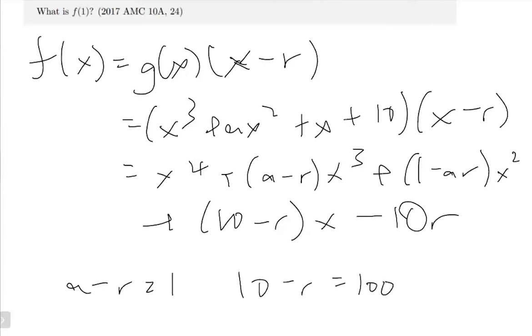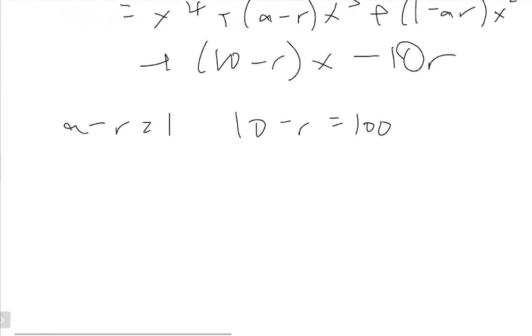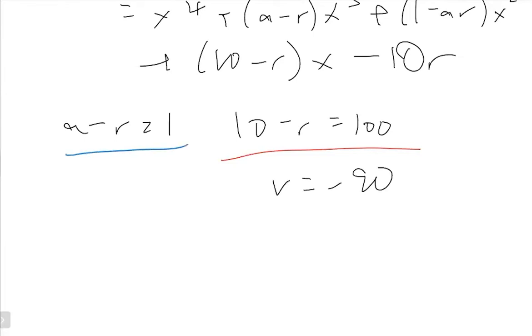So what this basically means is, from this equation here, we know that r is equal to negative 90. And from this equation here, we know that a is equal to negative 89.